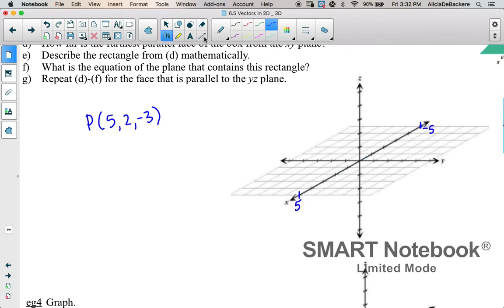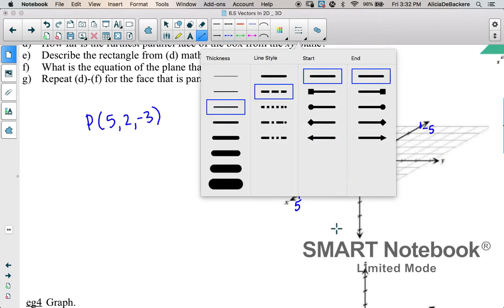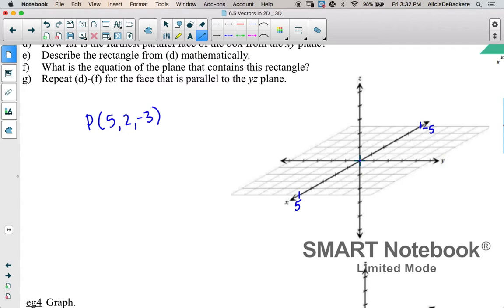So when I'm drawing the box here, what I'm going to do is grab my ruler and draw a dotted line out to that 5. Okay, so first I'm moving out forward 5 units. Next I'm going to move horizontally 2 units. Now when we move horizontally, just like before, moving to the right is going to be a positive movement. So I'm going to go over 2 units.